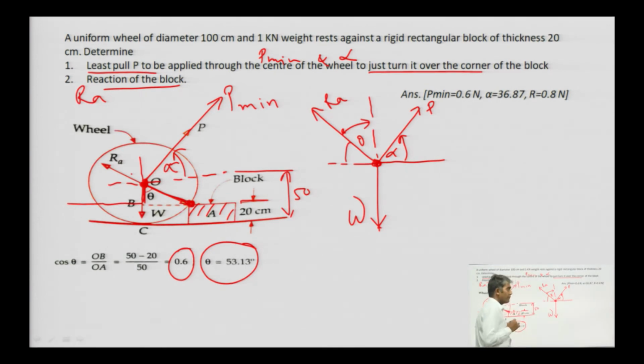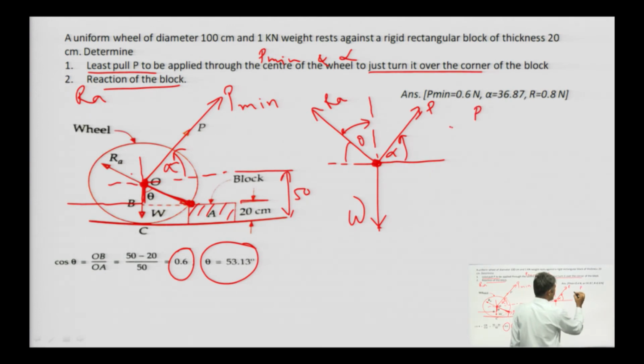Now, here we are observing that three forces are acting. With the help of Lami's principle, we can find out the value of P minimum, R and R A. Okay. So, apply Lami's principle.